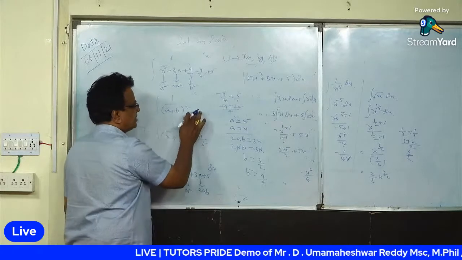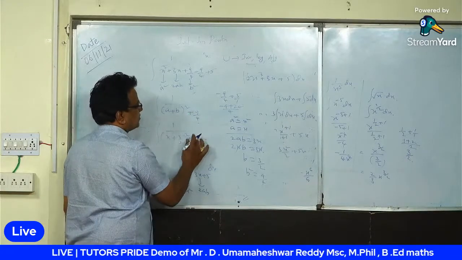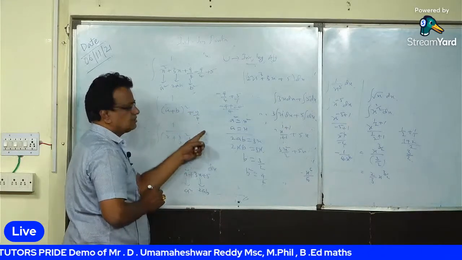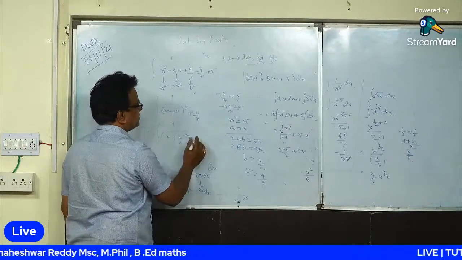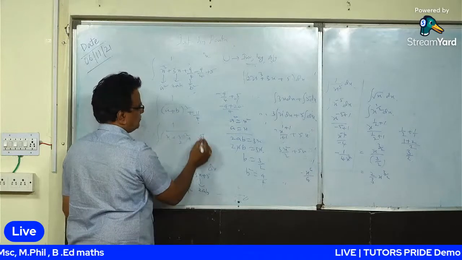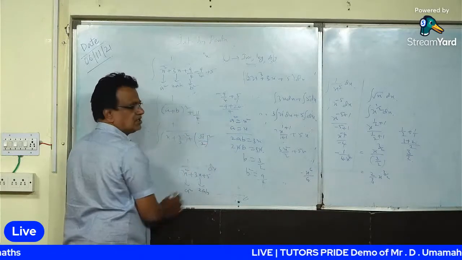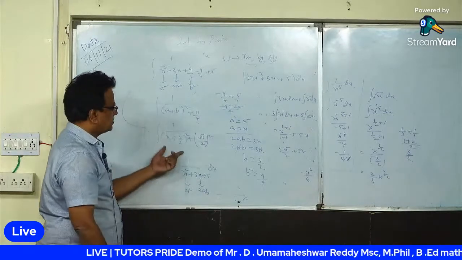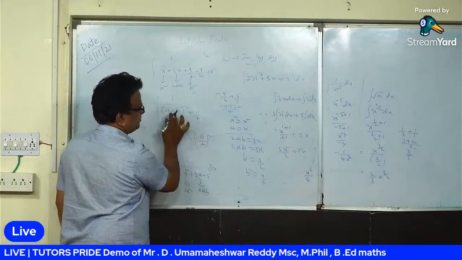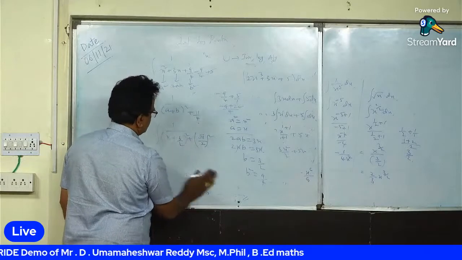If it were 9, you could have written 3 square. Because it is not 9, we write root 11 by 2 whole square. Root 11 whole square is 11, 2 whole square is 4. Why write in this form? Because b is 3 by 2, it is exactly in the form.